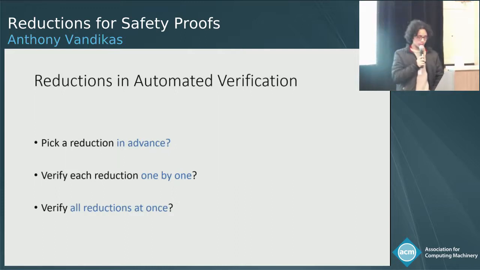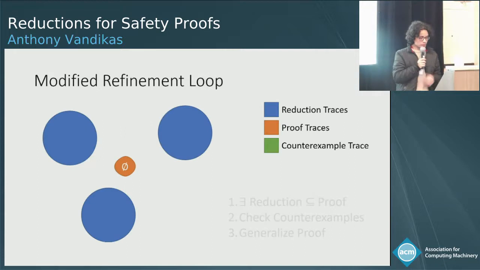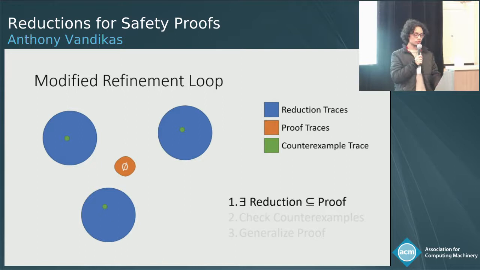Allow me to show you how to do that. Before, we just had one program. Now we're going to talk about multiple programs, multiple reductions. So we have multiple sets. And as before, we check, is one of these reductions inside the proof? In this case, the answer is no. So we get a number of counterexamples.